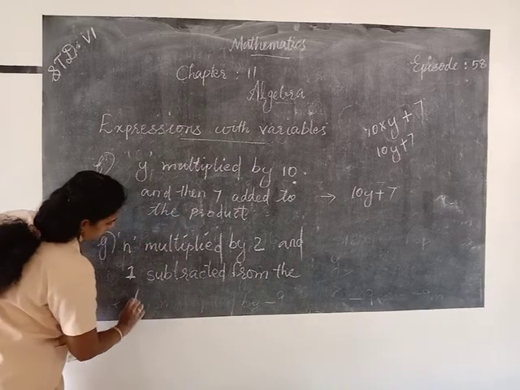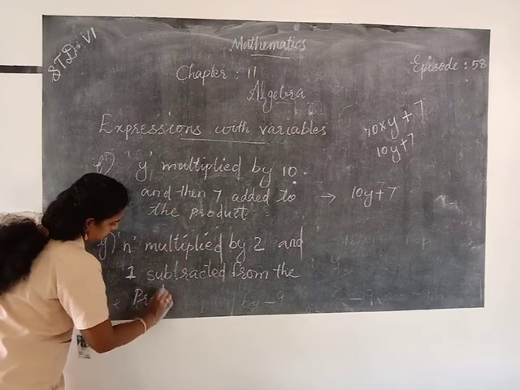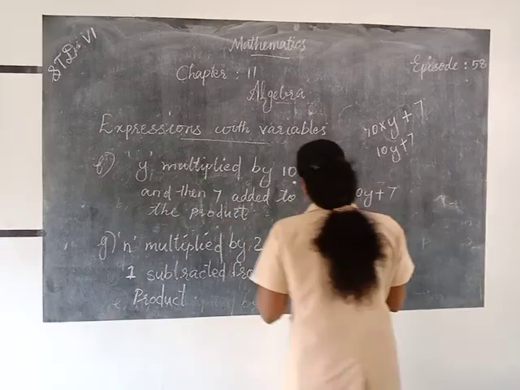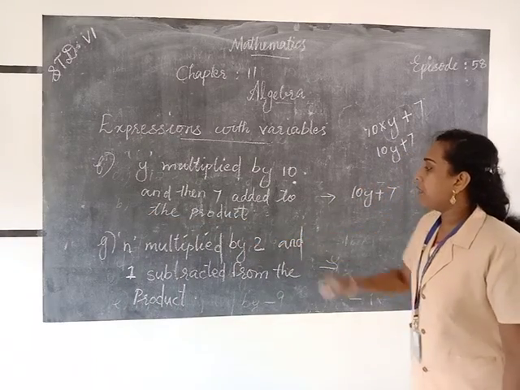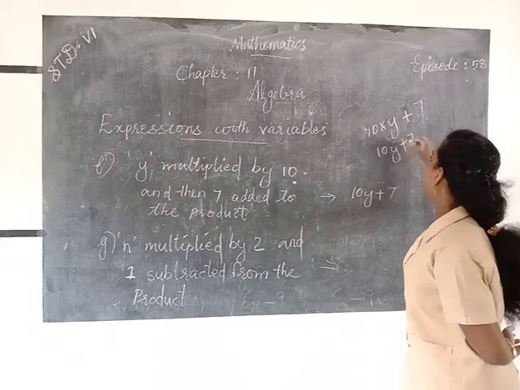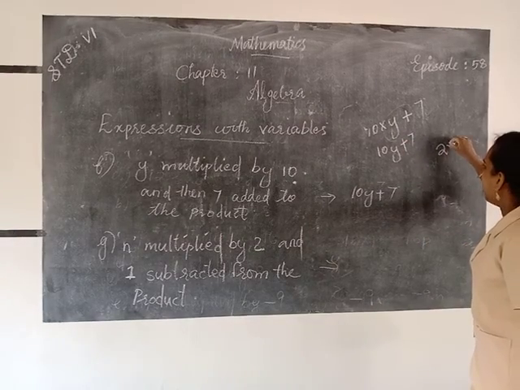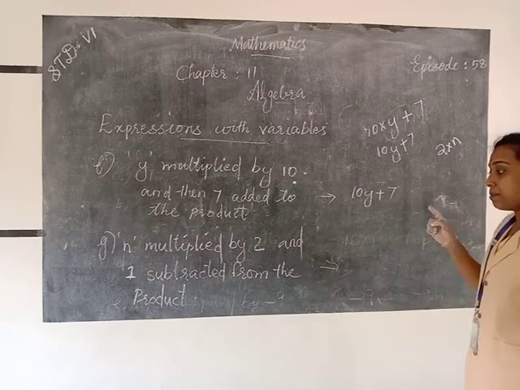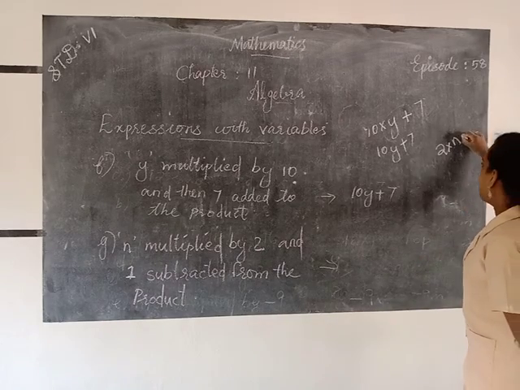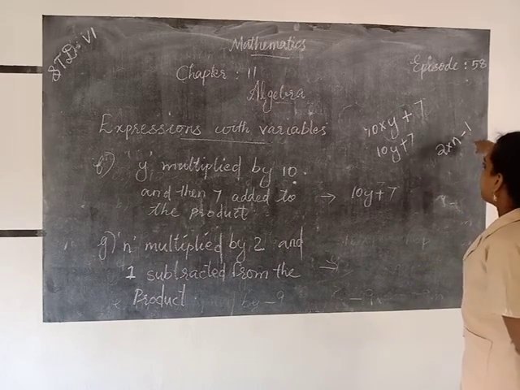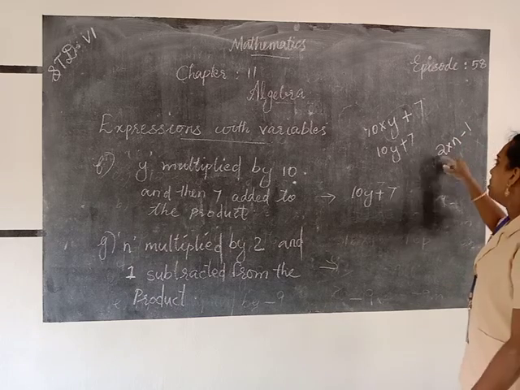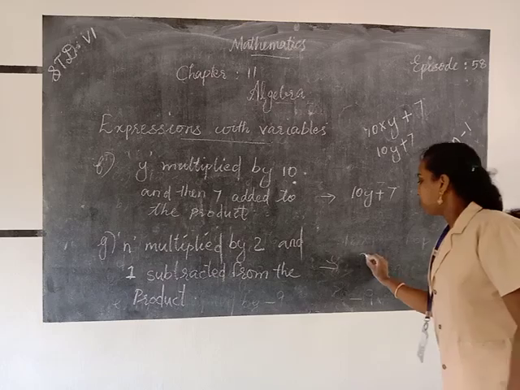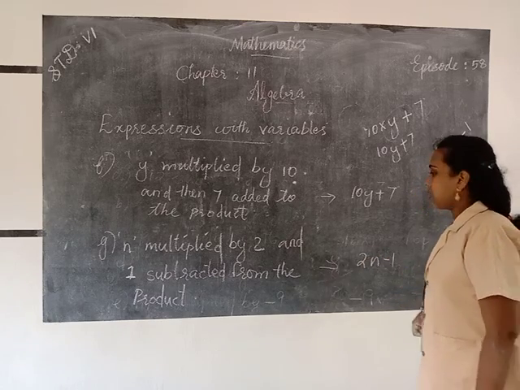Here first n is multiplied by 2, which means 2 into n. Then 1 is subtracted from the product, that is minus 1. So 2 into n, we get 2n minus 1. So the expression is 2n minus 1.